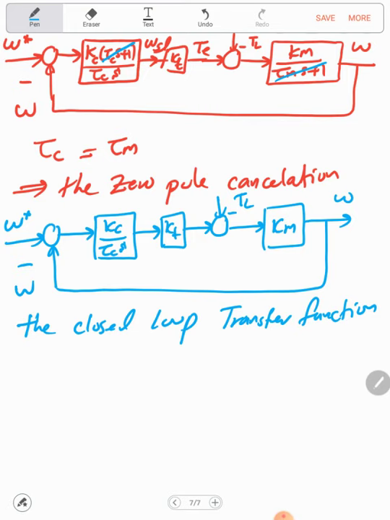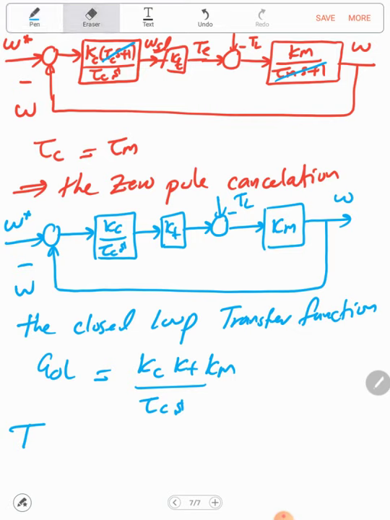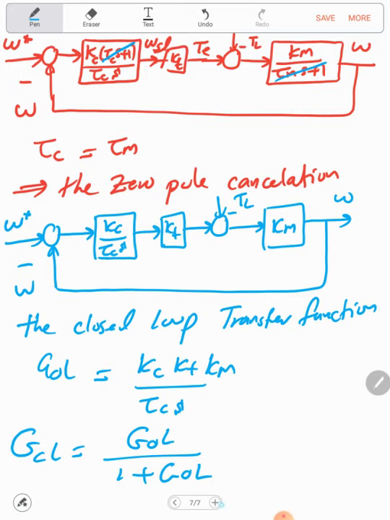So this will be the G open loop, which will equal Kc Kt over tau C S multiplied by Km. So G of the closed loop will equal G of open loop over 1 plus G of the open loop.